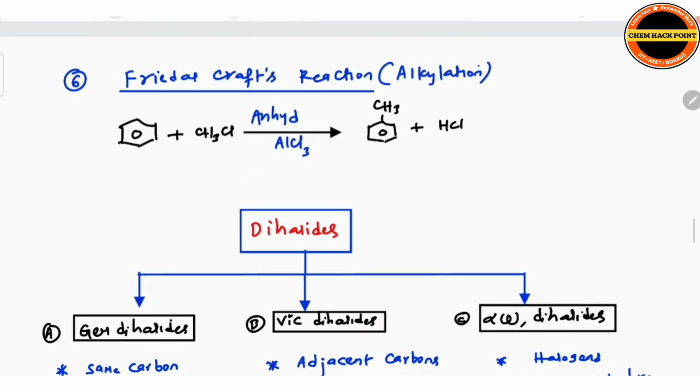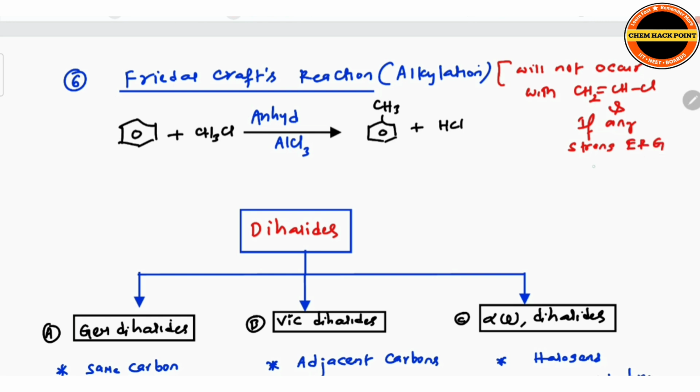Meanwhile, remember here, this reaction will not occur, you write here, will not occur, with CH2=CHCl, because it will form an unstable carbocation, and if there is any strong ERG, electron releasing group, or EWG, on the benzene ring.